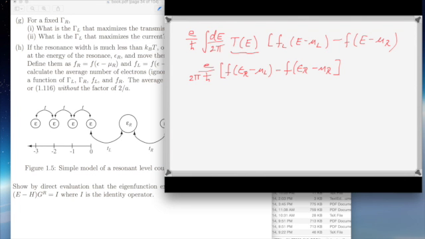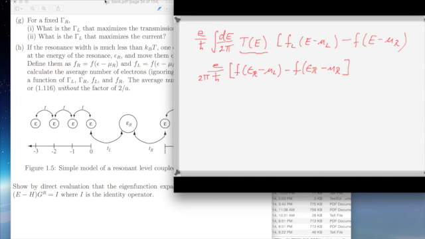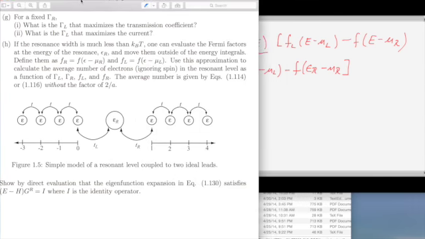And so the final problem is doing the same trick with the electron density. So we want to find out the electron number. What is the average number of electrons on this resonant level? So for problem H, the average number of electrons. First we need the expression for the average number of electrons. So we had that N, say on site R, which is our device.